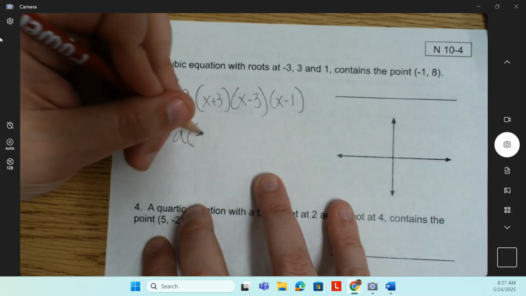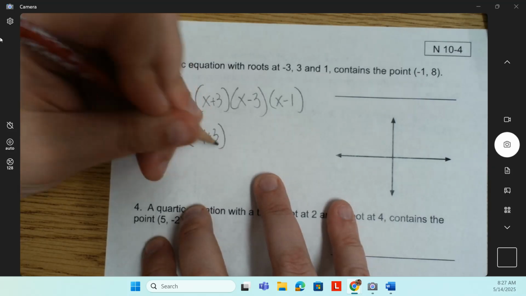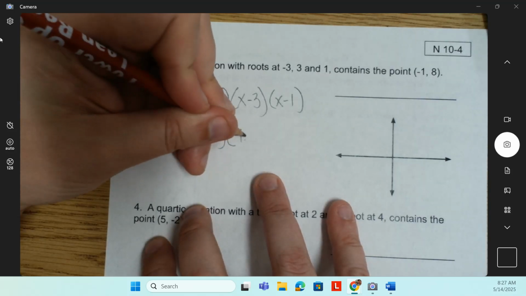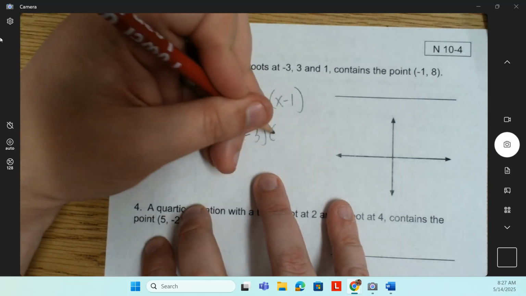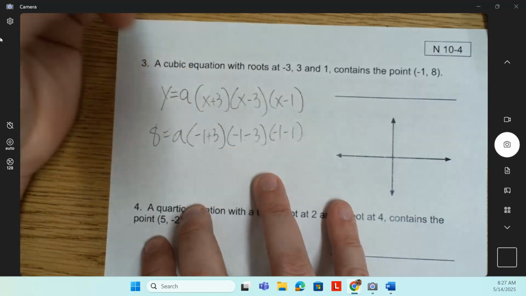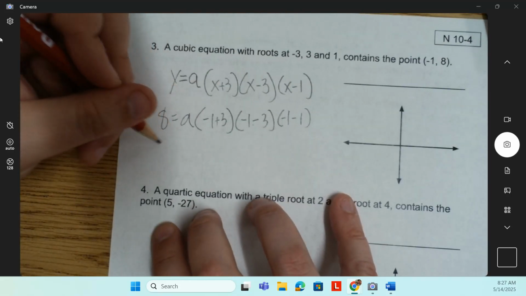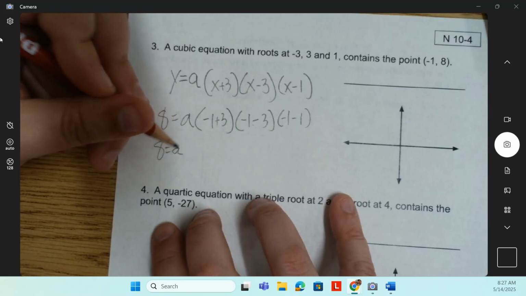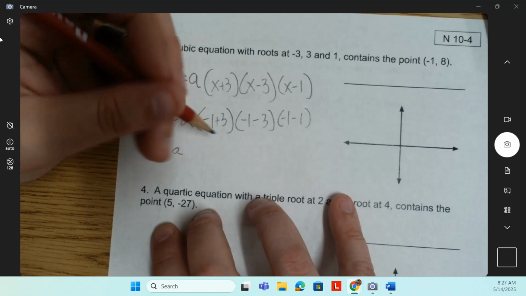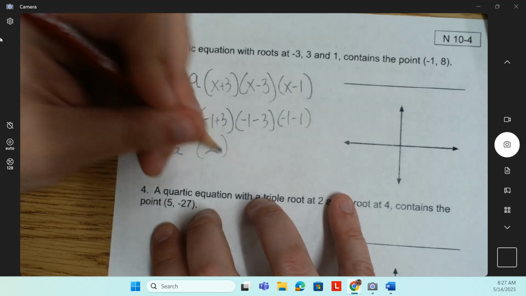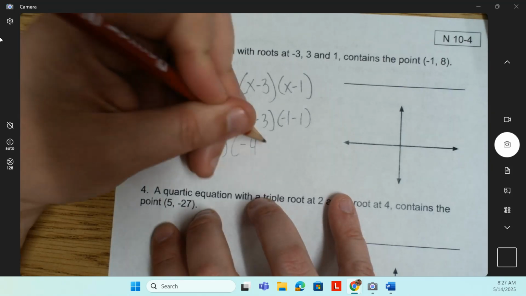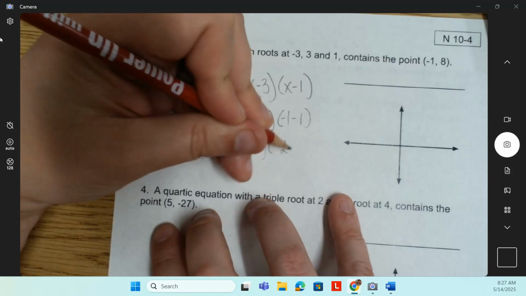And all of the x's are going to be negative 1. So that gives me still an 8. A, 3 minus 1 is 2. Negative 4, negative 2.